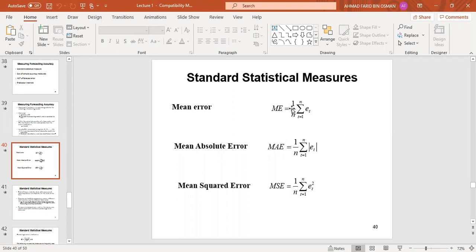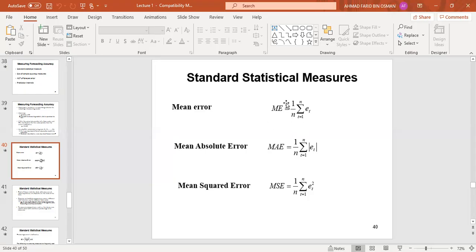But there are errors, because the positive cancels out the negative. So in this case, that is a disadvantage of using mean error.